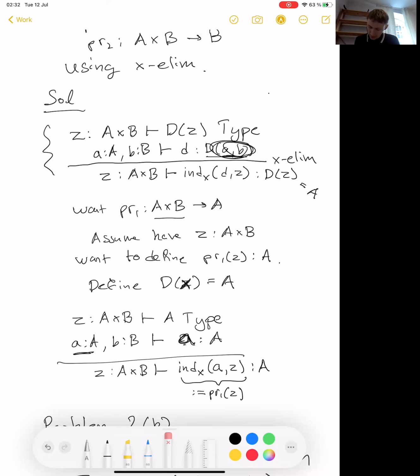So that's the intuition you should have for this elimination rule. Whenever you have a z in A cross B, you can always replace it by some arbitrary a in A and some arbitrary b in B. I hope that makes a bit more sense.